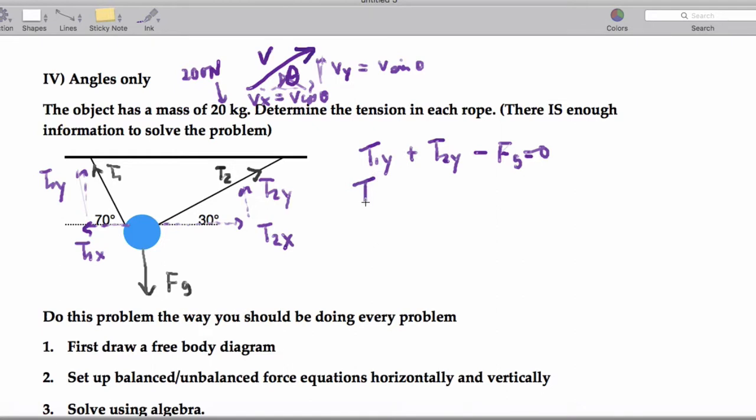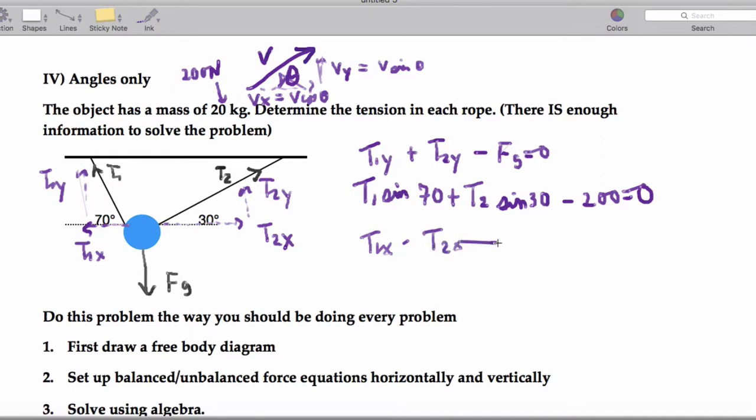So ultimately we're going to have T1 sine of 70 plus T2 sine of 30 minus 200 equals 0. And your second equation is going to be T1x minus T2x equals 0.